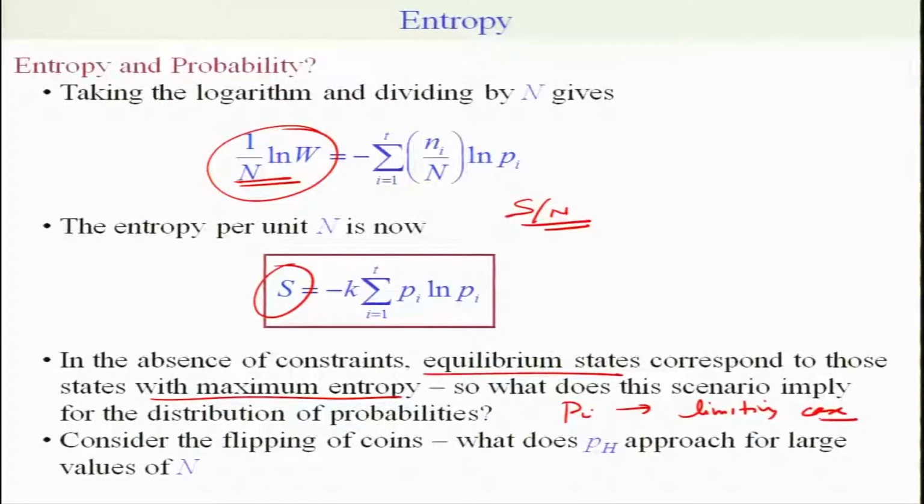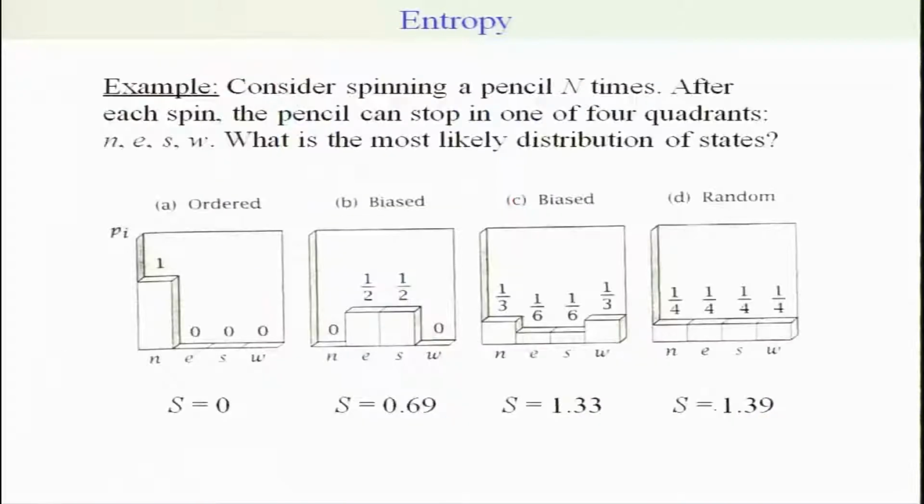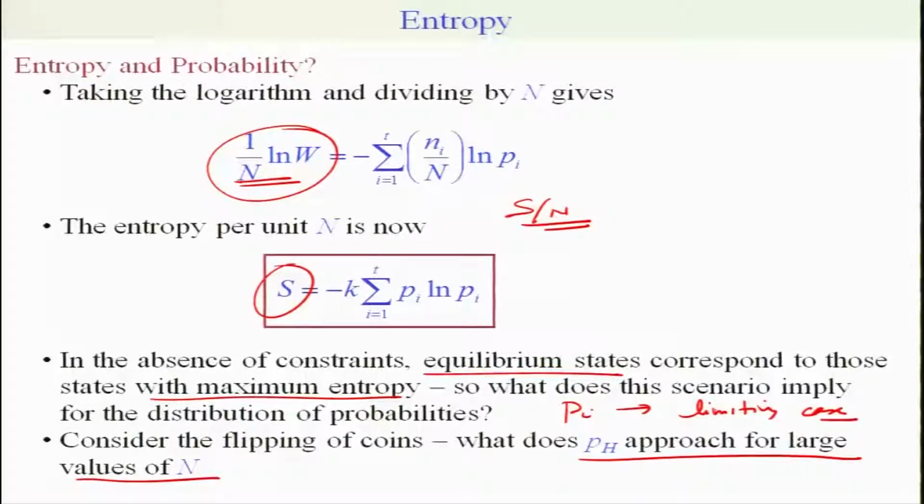So, now in order to understand this, we will consider flipping a coin. So, what does pH approach for a large value of n, that is the limiting case? That is the question we are asking given this information, and we know that for the case of no constraints, the maximum entropy would be the case, and we can show that Pi approaches 1 by 2.